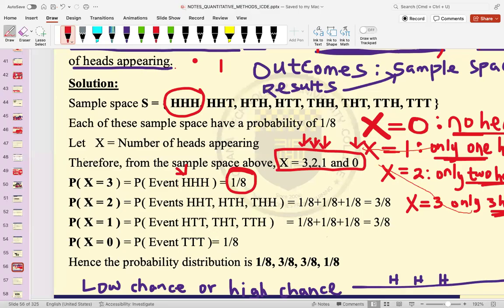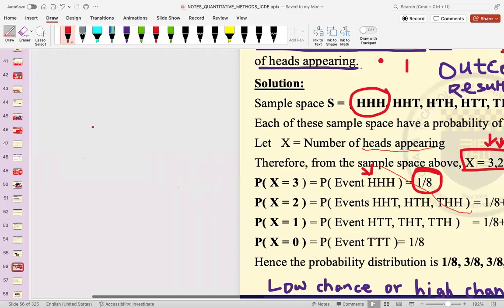1 out of 8 is the possibility. Now, the formula that is used to write this 1/8 is called the classical method.